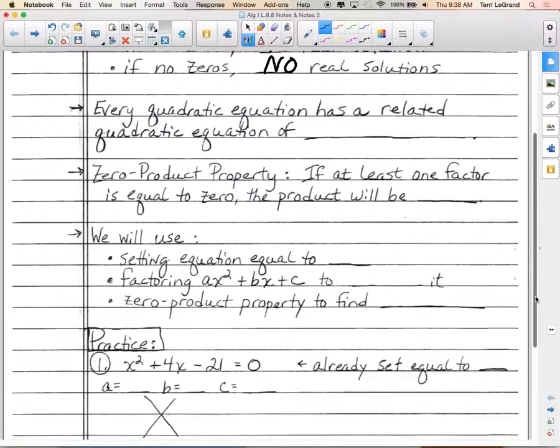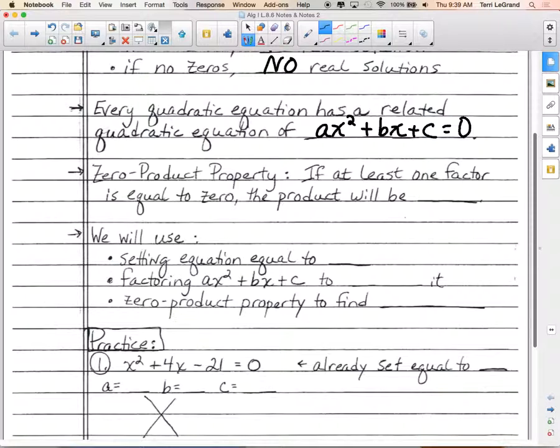Every quadratic function has a related quadratic equation of ax squared plus bx plus c, but instead of setting it equal to y, we set it equal to 0, because remember, the zeros of the function are the x-intercepts of the function, and what's true for the x-intercepts and their y values?